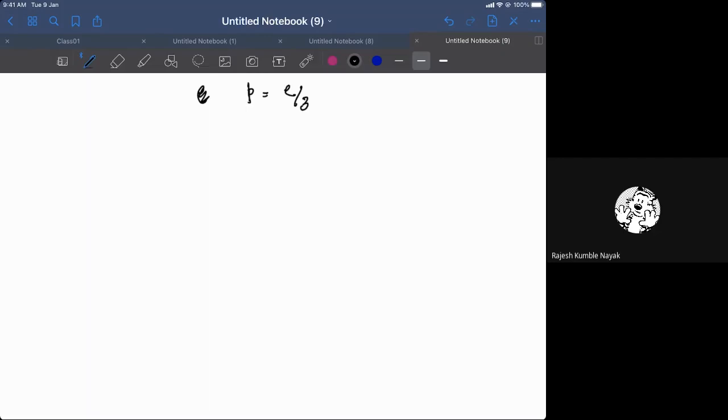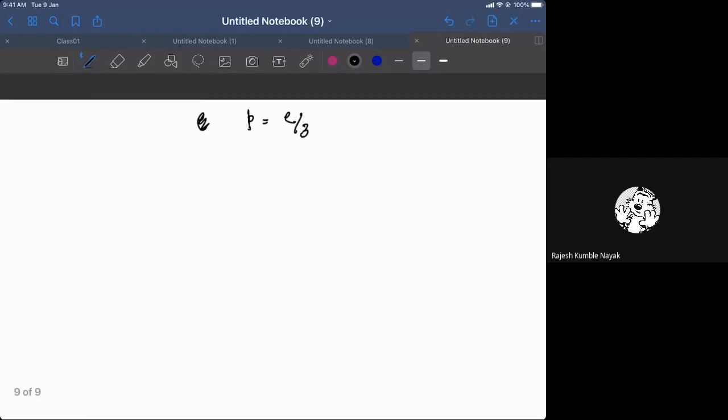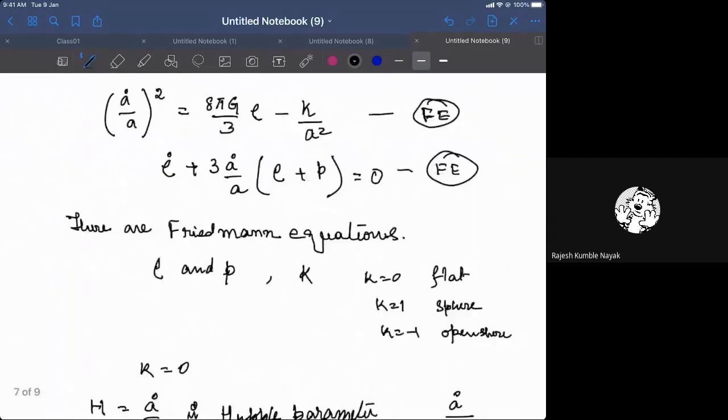If light is treated as a perfect fluid, then you have the equation of state rho is equal to 3p, or p is equal to rho by 3. I believe you are familiar with this. It must have come in statistical mechanics, and then we can again solve these two equations.